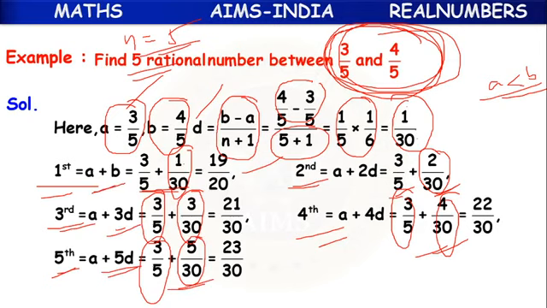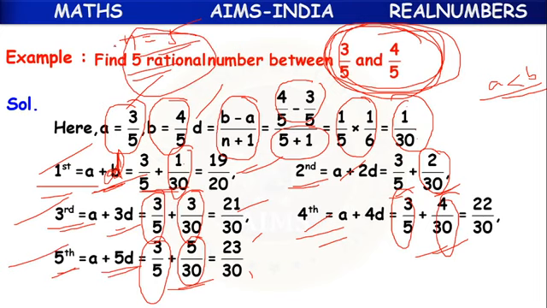So just by adding the D value, children, we are getting the rational numbers. So first rational number, second, third, fourth, fifth. So by this method also, we can insert as many rational numbers as we want.